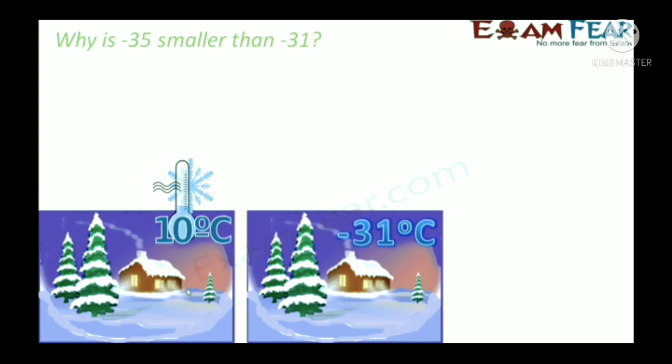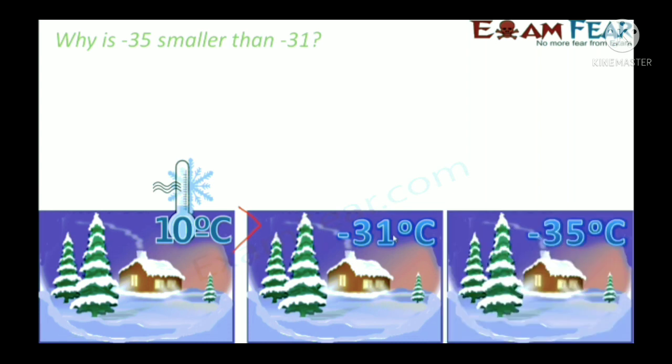So what has happened? 10 degrees to minus 31 degrees. 10 degrees was more. Minus 31 degrees is a lot less than 10 degrees. So basically 10 degrees is greater than minus 31. Now if the temperature drops further, let's say there is even more snowfall, the temperature might even drop to minus 35 degrees.